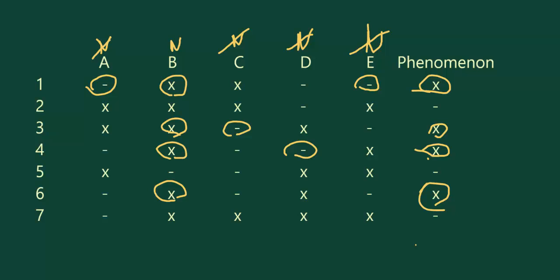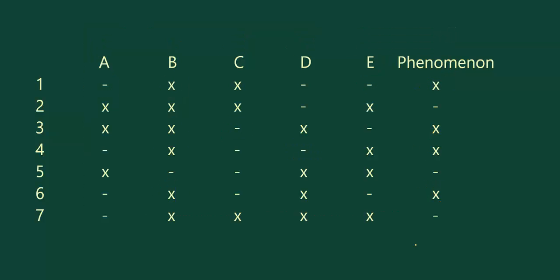There can be several cases, as there are in these examples, but once you find one, you know it's not it. All right, so what we've shown then is that we've got some evidence that B is a necessary condition. And we know that A, C, D, and E are not necessary conditions.